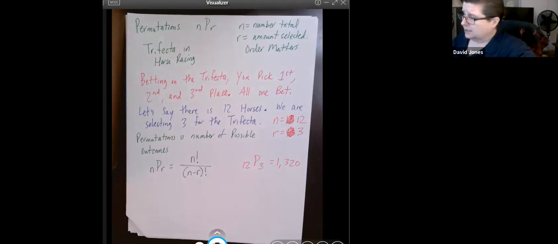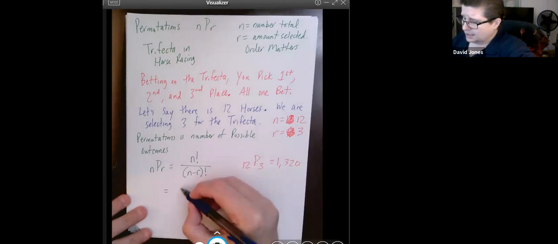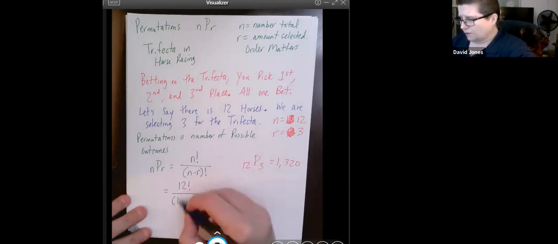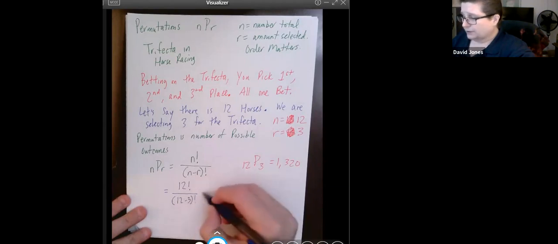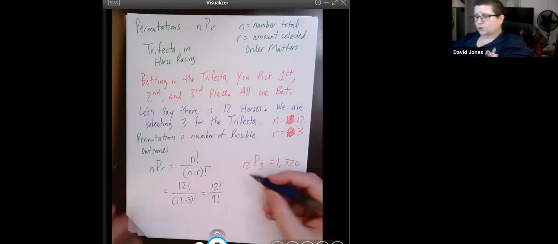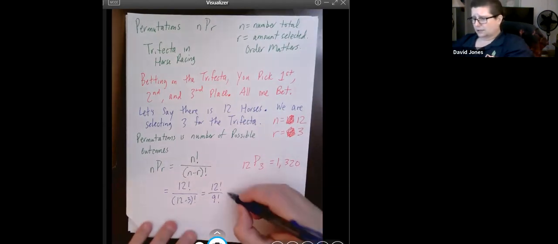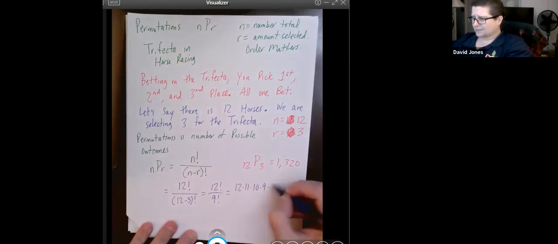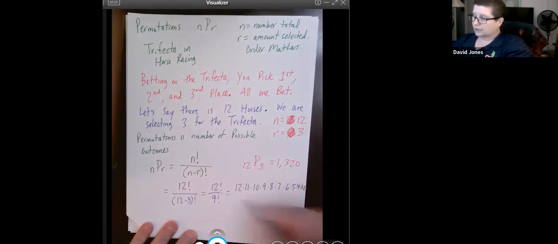Formula-wise, this is 12 factorial over (12 minus 3) factorial, which is 12 factorial over 9 factorial. 12 times 11 times 10 times 9 times 8 times 7 times 6 times 5 times 4 times 3 times 2 times 1.